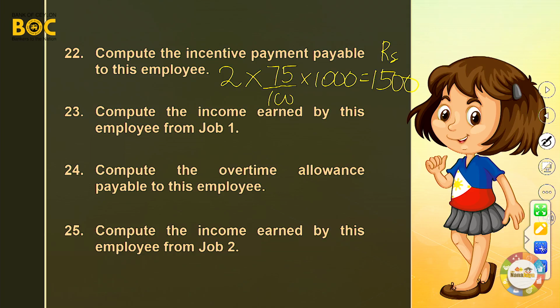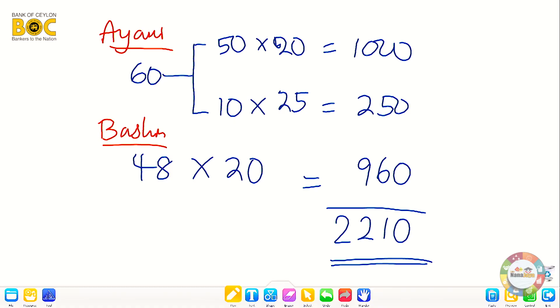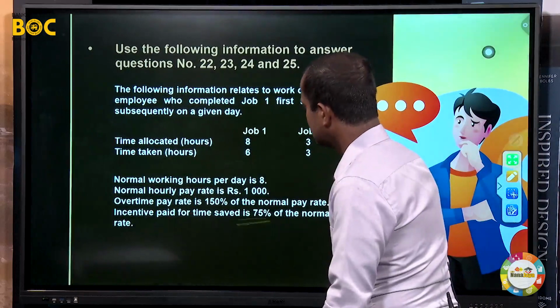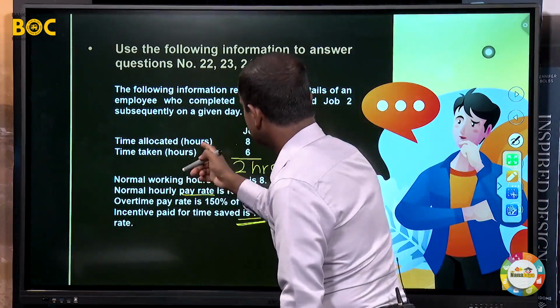Question 23: compute the income earned by this employee from job 1. For job 1, how many hours has he used?